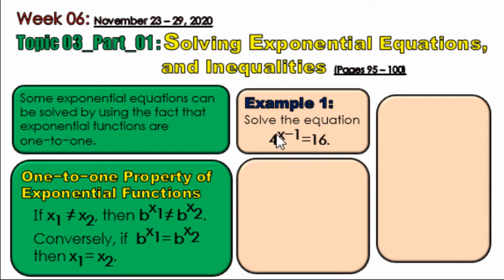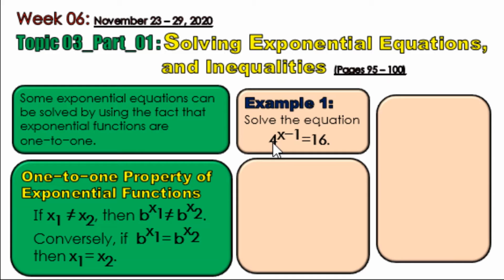Example number 1: solve the equation 4 raised to x minus 1 is equal to 16. Using this concept, our target is to make our bases equal so that we can equate the exponents. That is what we mean by the one-to-one property of exponential functions.